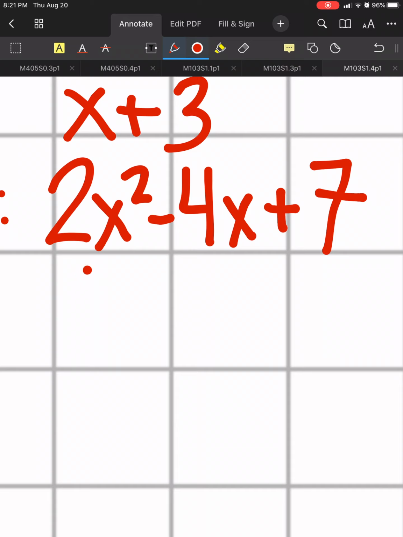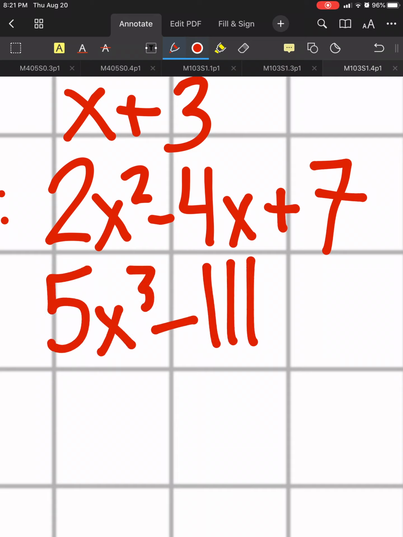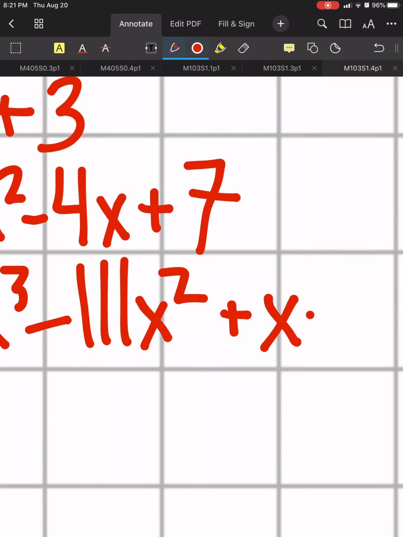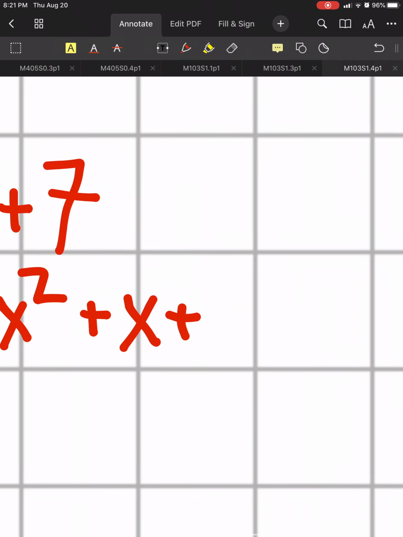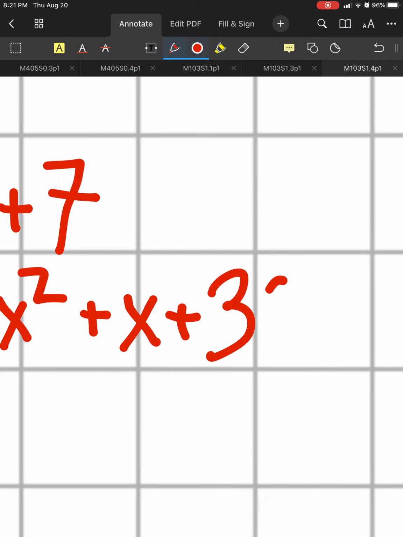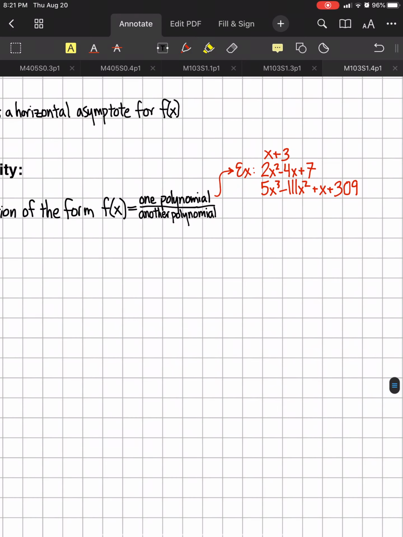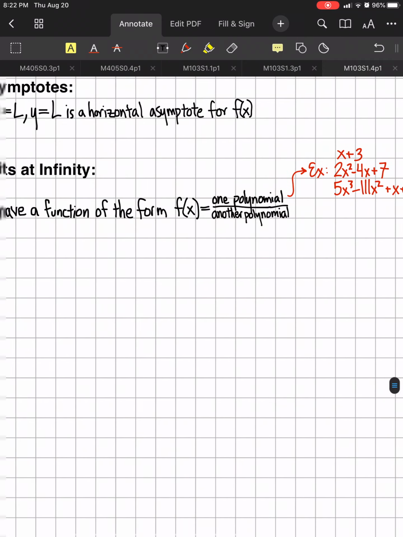And another one might be 5x cubed minus 111x squared plus x plus 309. So they can get big, they can get complicated, but the idea is they're always sums of powers of x with constant coefficients. Those are what we're looking at for a polynomial.